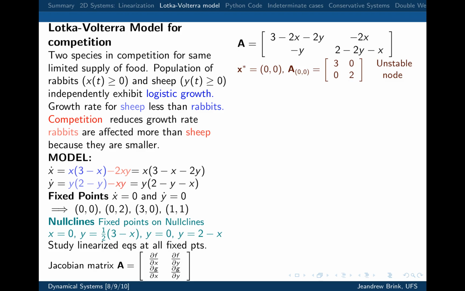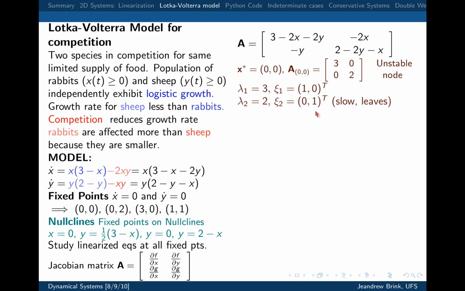So we know that the eigenvalues are 3 and 2, and it's an unstable node, and the associated eigenvectors are simply 1, 0 if the eigenvalue is 3, and if it's 2, it is 0, 1.